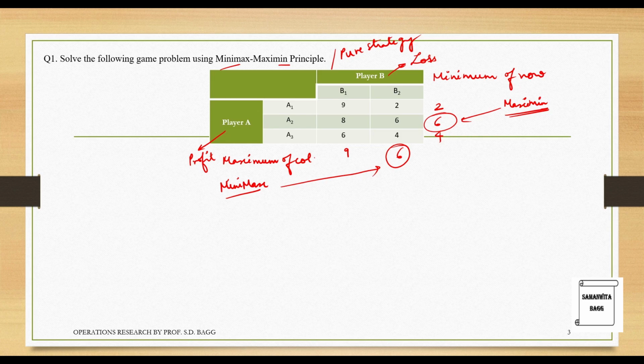So since here the value is equal, you will write down the value of game is 6. A is going to take up a strategy. Now see, A is taking the strategy corresponding to A2. So the strategy of A is A2 and for B the strategy is B2.